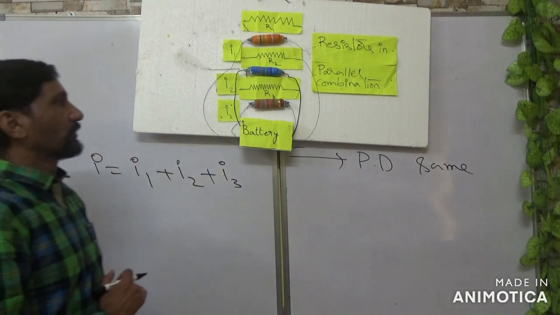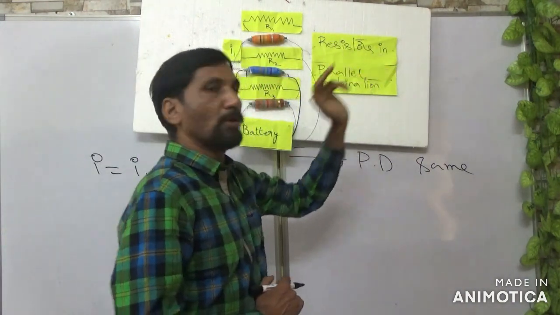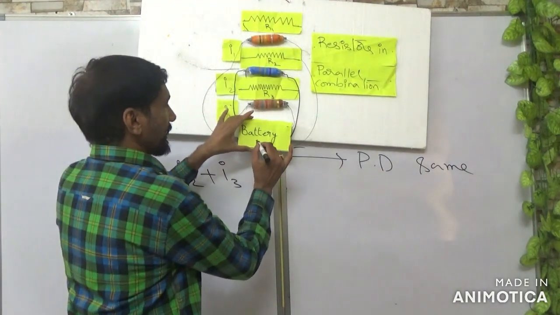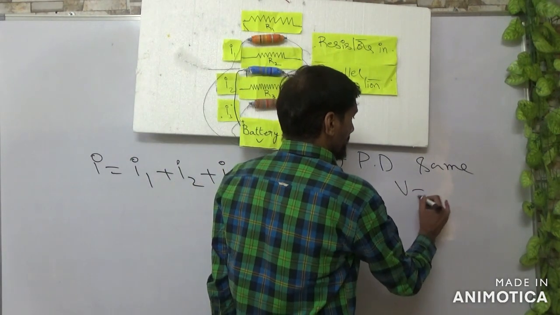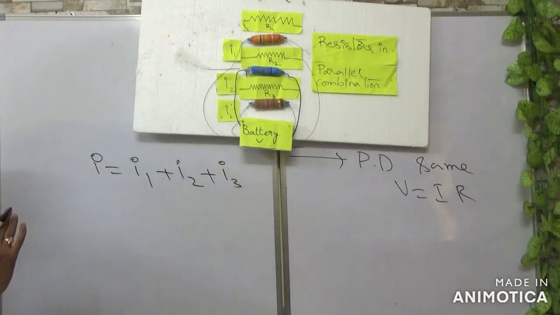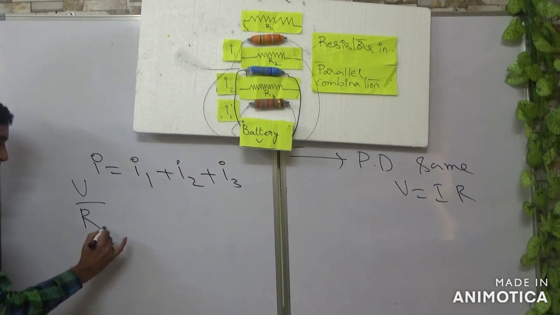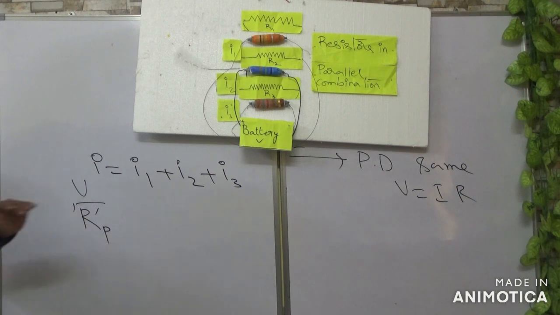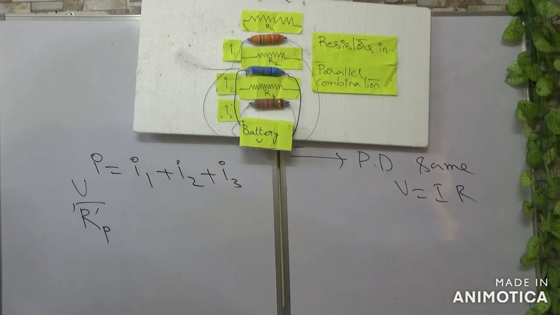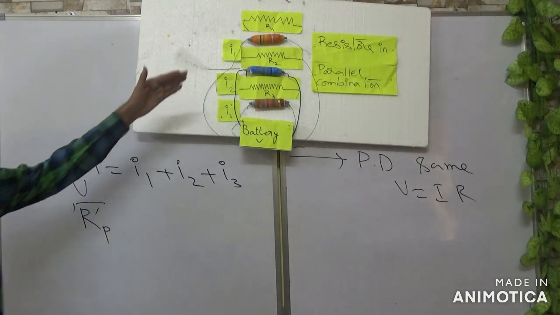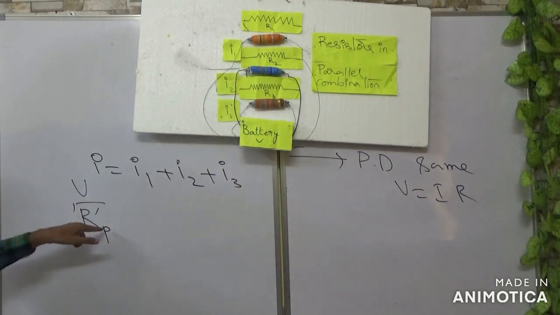Remember, whenever you join resistors in parallel combination, potential difference V remains same and current I is divided. So according to Ohm's law, V equals I R, then I is taken as V by R. For our convenience, take Rp, meaning resistors in parallel combination, as the effective resistance offered when they are joined in parallel.